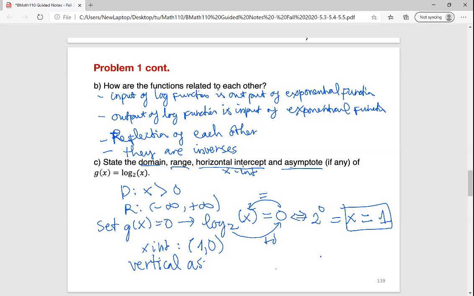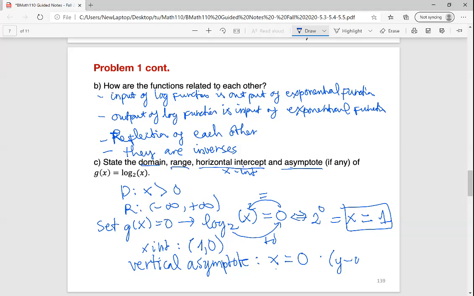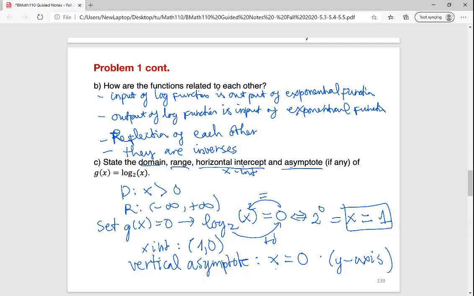Okay, the vertical asymptote will be the y-axis. It's going to be x equal to 0 on the y-axis. Okay, the y-axis equation is x equals 0. All right, that's it.